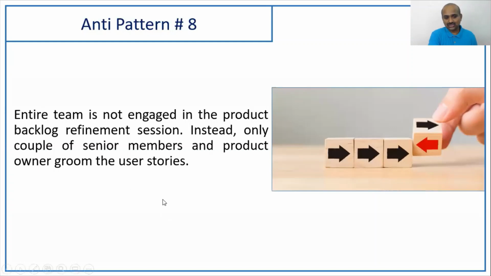So we need to coach the people in such a way that everybody is engaged. See, the problem is, if everybody's inputs are not taken, your conversations will not be rich. And when your conversations are not rich, then the quality of the product or the estimation about the product will not be rich. So everybody's inputs need to be taken while talking about the requirements, user stories, or product backlog items.